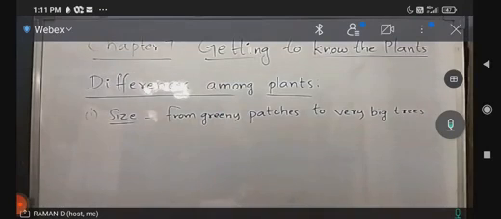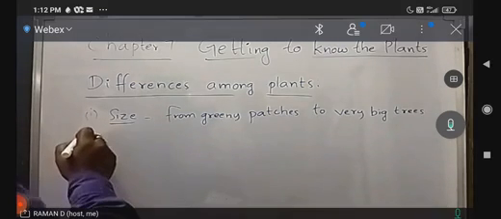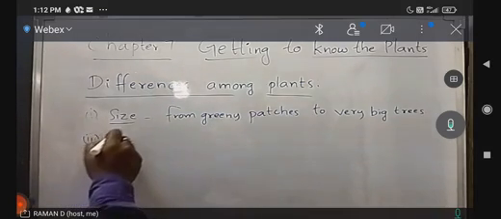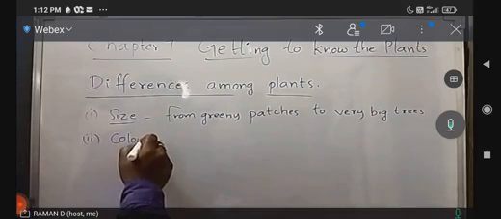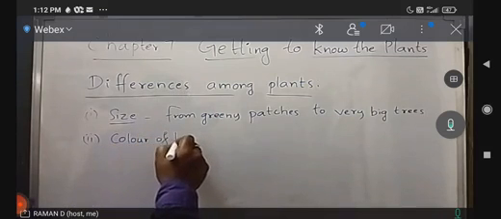Next, some plants. We should write it in our book, sir. Yes, you have to write. Most of the plants have green colored leaves, but some have even other colors. Color of the leaves.